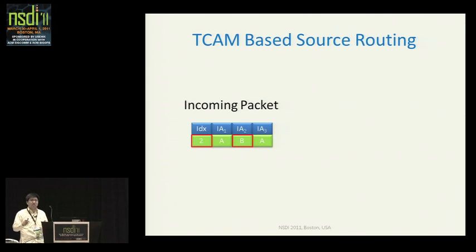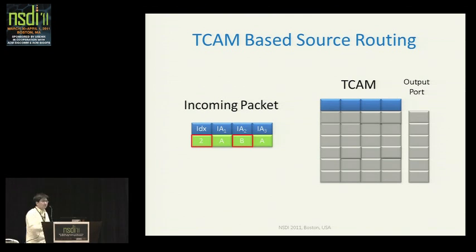However, modern switching chips usually do not have such hardware logic for this two-step lookup key extraction. Therefore, we use our TCAM to turn this two-step key lookup matching into one step. Here is how we do it.